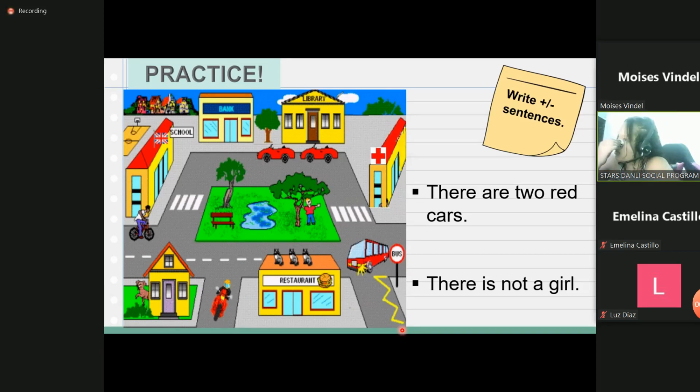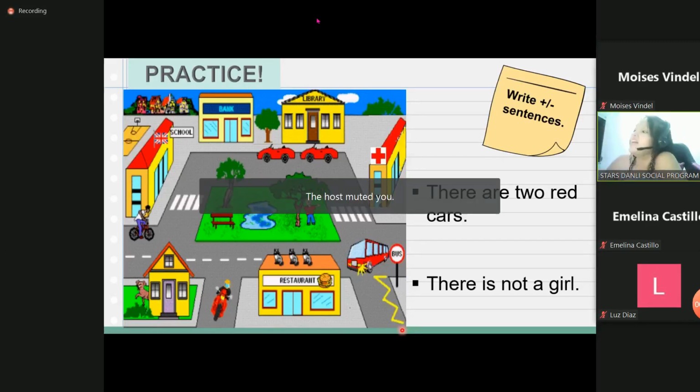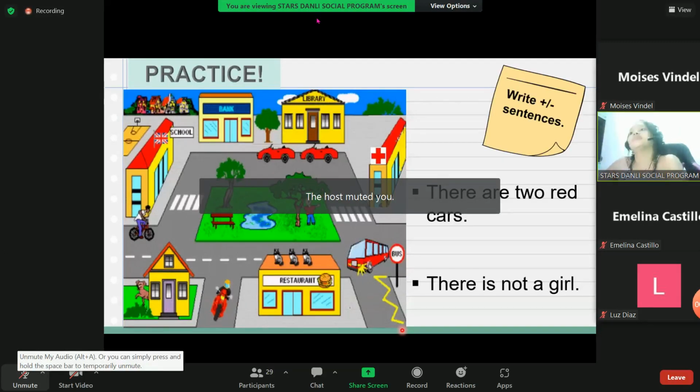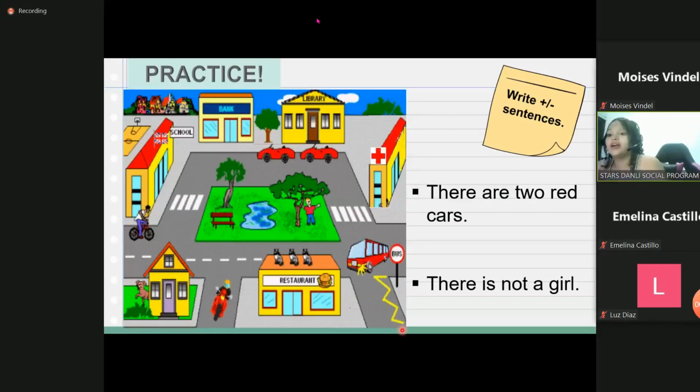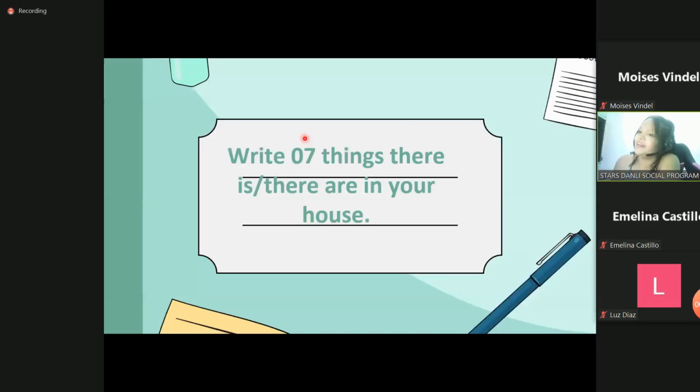No. Okay, excellent. Recuerden que hoy solamente estamos viendo cosas que sí podemos contar: las nubes, los árboles, los chicos, todo. En la siguiente clase, pues vamos a ver las cosas que no. Ahora, we have another activity. It says write 7 things there is or there are in your house.